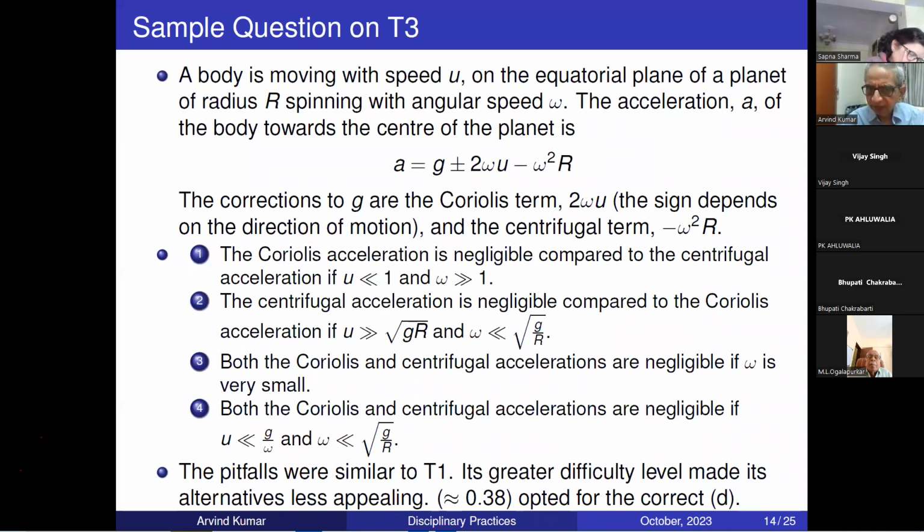So 0.38 opted for it; we can't say whether they really understood it, because there was no clear cut result, given the difficulty of the question. What happens is, the moment you put a little more maths in the question, a large number of students just refuse to think.